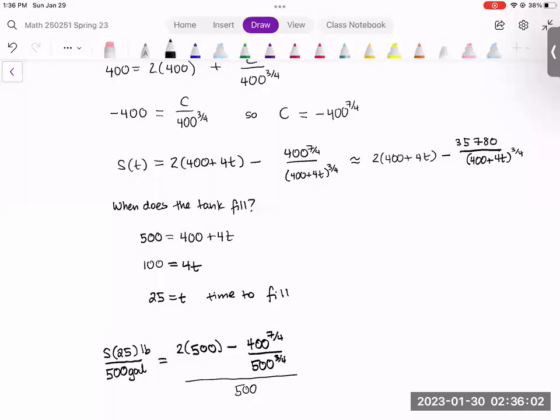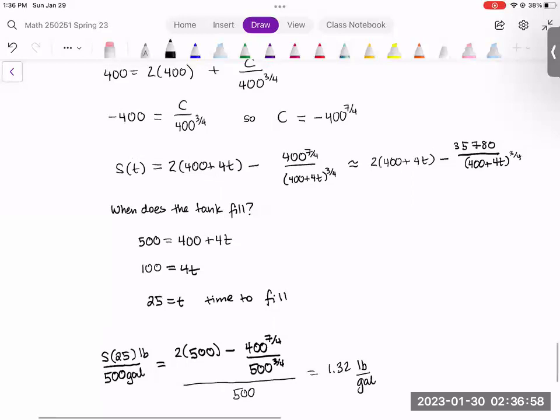So we evaluate s at 25. If we're using the exact form, we have 2 times 500 minus 400 to the 7/4 over 500 to the 3/4, and then the whole thing is divided by 500. Okay, so let's check this out. And calculating this, I get about 1.32 pounds per gallon.